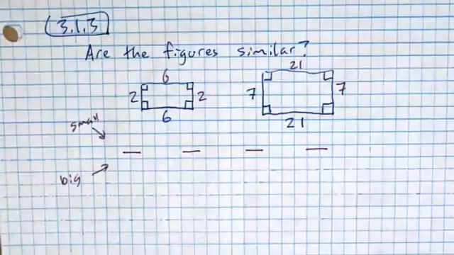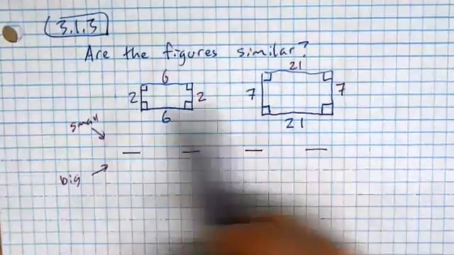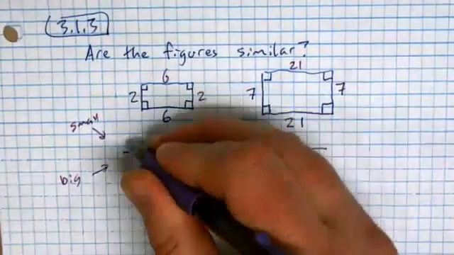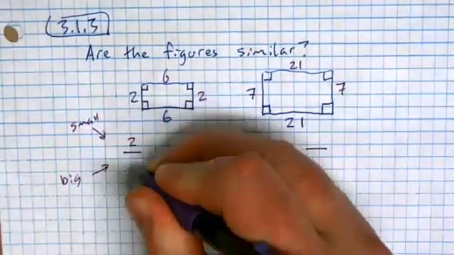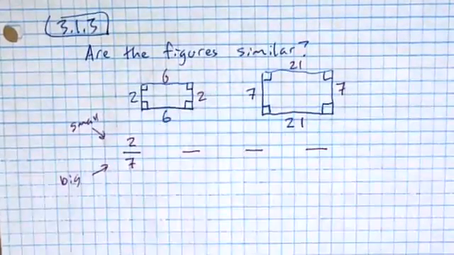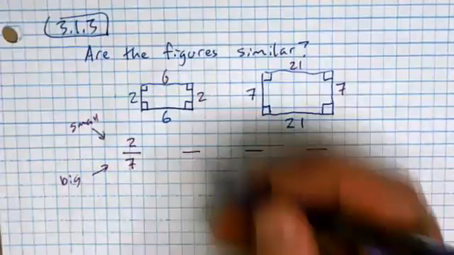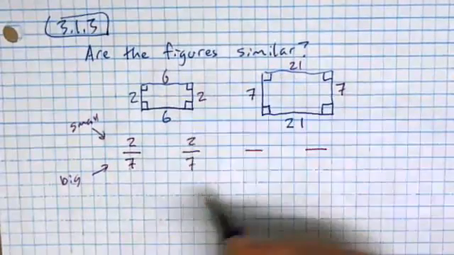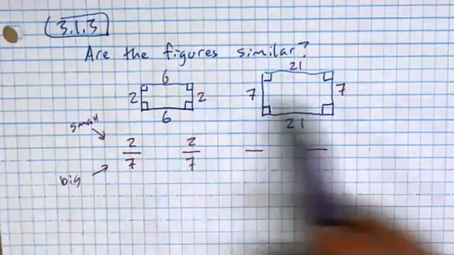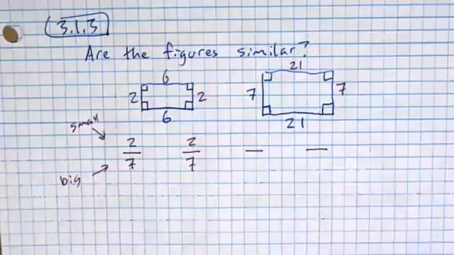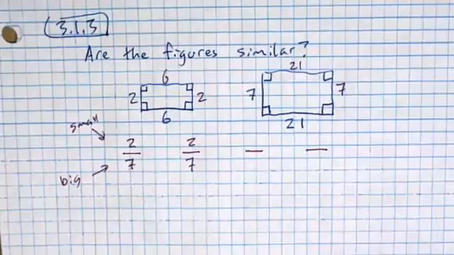So one of my ratios would be, let's see, 2 and 7 match up. Those are corresponding sides. So one of them would be 2 over 7. Actually, 2 of them would be 2 over 7 because I've got another pair of 2 and 7. And just double checking, making sure I put my small one on the top and the big one on the bottom. We just need to be consistent with that. My other 2 are going to be the same.